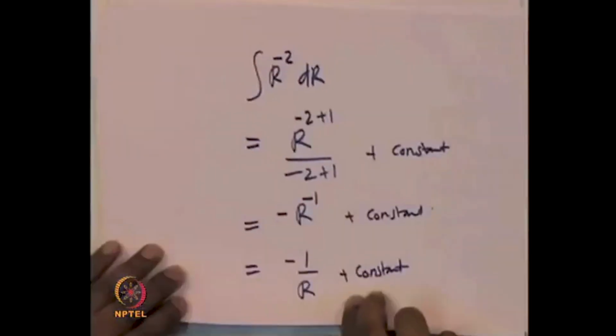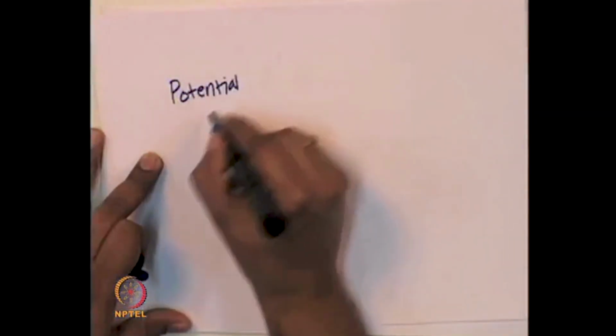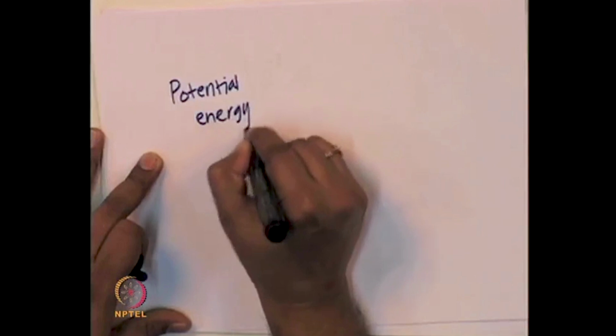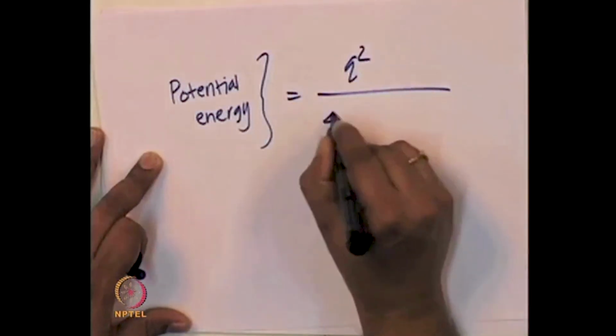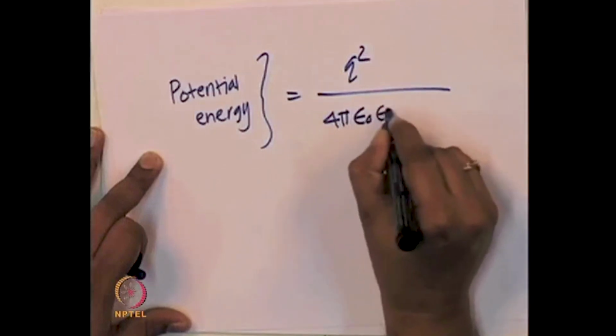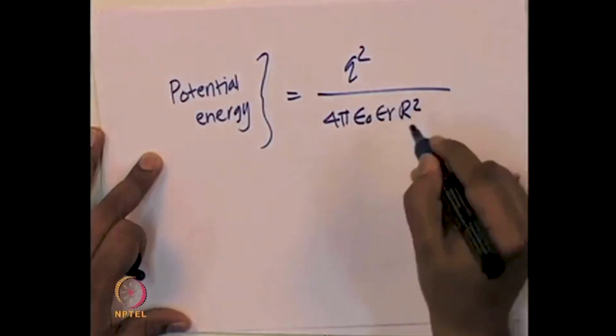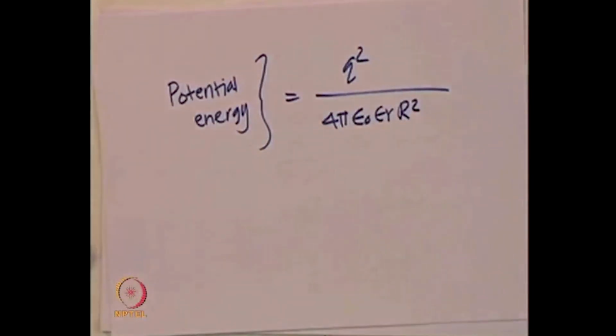In some places in the textbooks, you might see this as V. Typically, this is what is used, V. So, you will see that this is typically written as V. So, let me write the potential energy of two charged systems is q square by 4 pi epsilon 0 epsilon r plus a constant, and that constant can be anything.